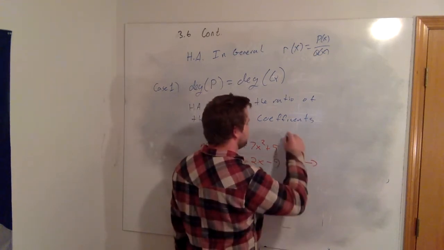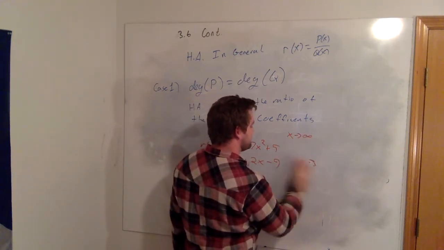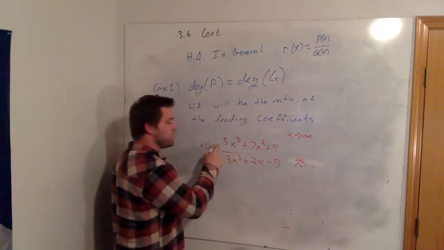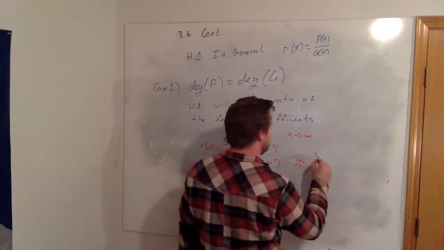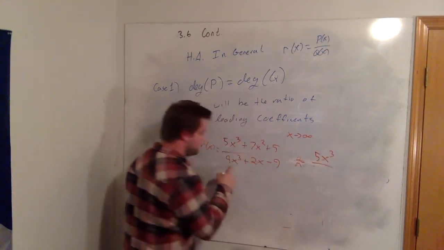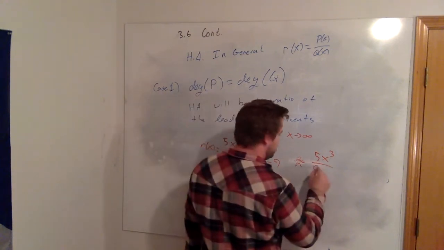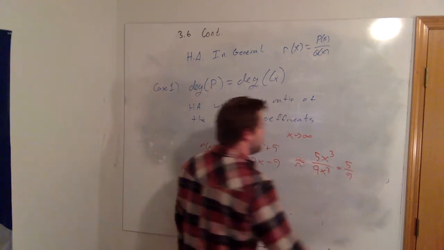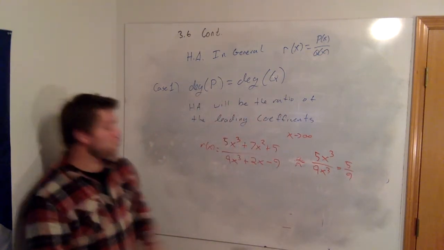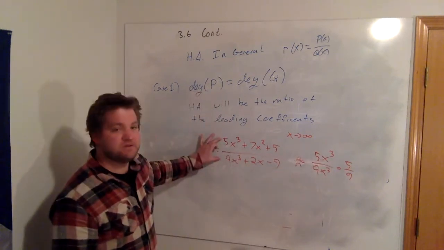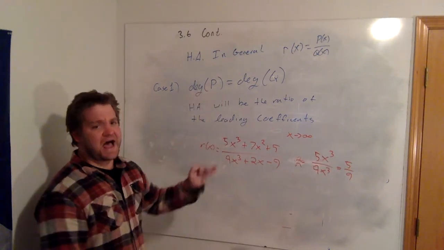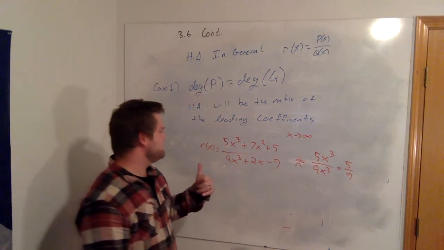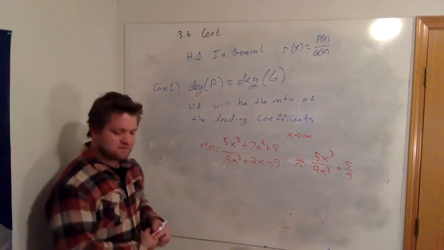As x goes towards infinity, in the numerator its leading term will dominate, it'll be roughly 5x cubed, and in the denominator the 9x cubed will dominate. So in this case, the horizontal asymptote will be 5/9, the ratio of these leading coefficients. Whenever you're tied in the war, the horizontal asymptote will always be the ratio of the leading coefficients. That's our first case.